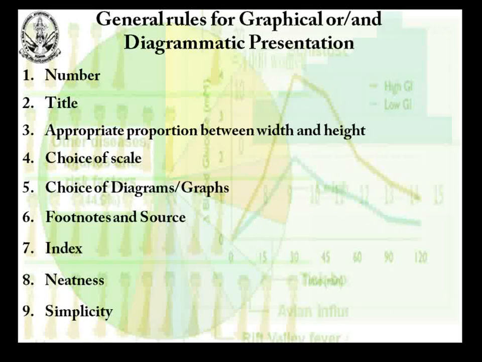It should be self-explanatory, unambiguous and neatly presented. Then appropriate proportions between width and height. Appropriate proportion of height and width gives an attractive illustration. Then choice of scale. Proper scale selection is important as data changes with changing scales.